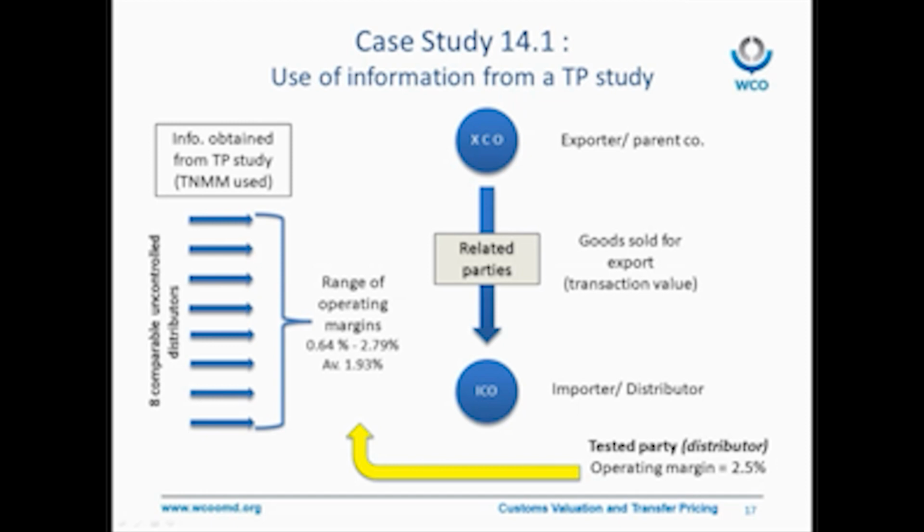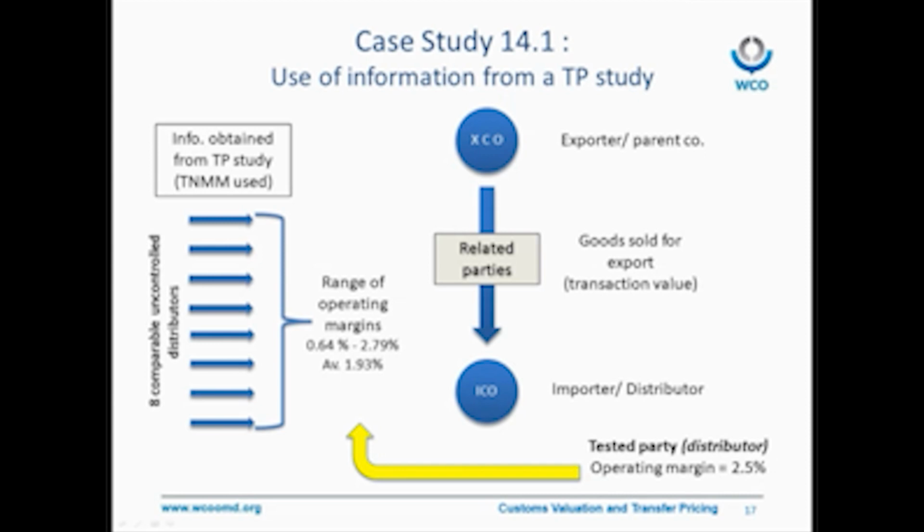They use the TNMM method, making a comparison between the ICO and other distributors who play similar functions in the country of importation. The range of operating margins is from 0.6 to 2.7, while the operating margin of the ICO is 2.5%. And we know that this TP report has been accepted by tax authorities.